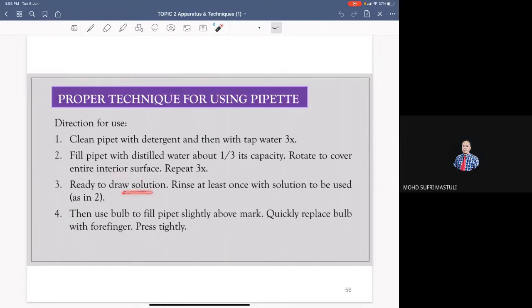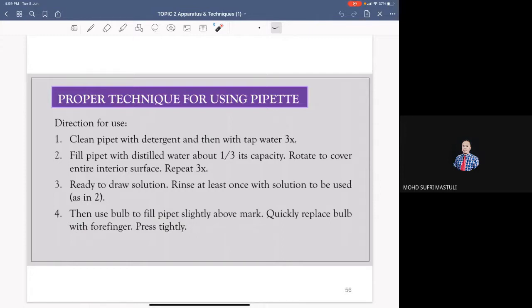We draw the solution, and we rinse it at least once or twice using the solution to be used. And then we use the bulb to fill the pipette above the calibration mark. Replace the bulb with the forefinger. Press tightly.